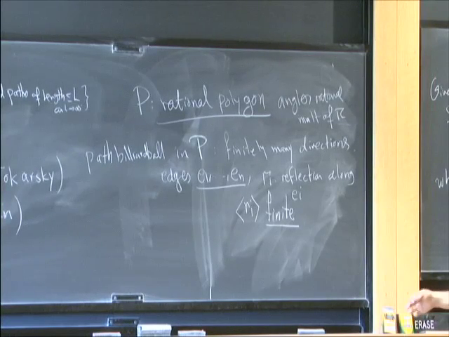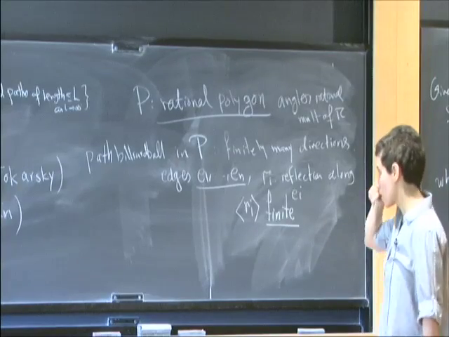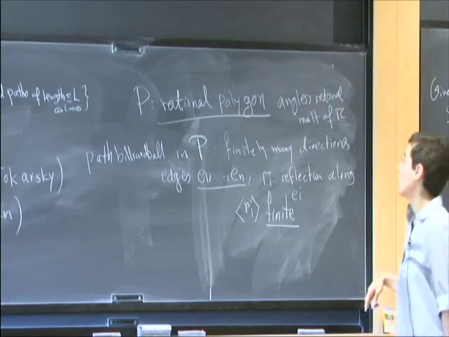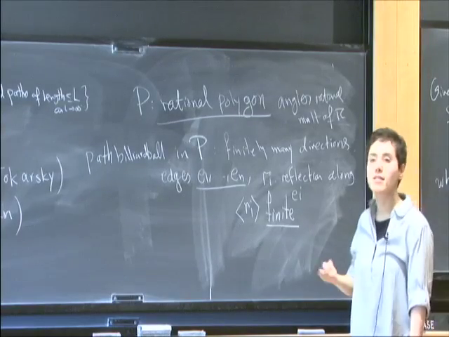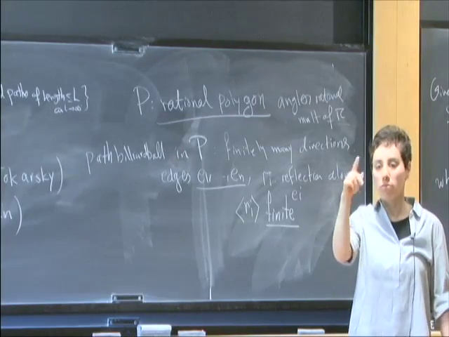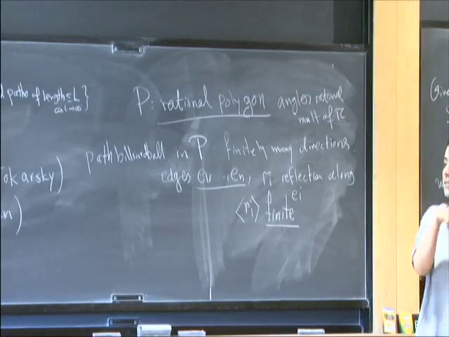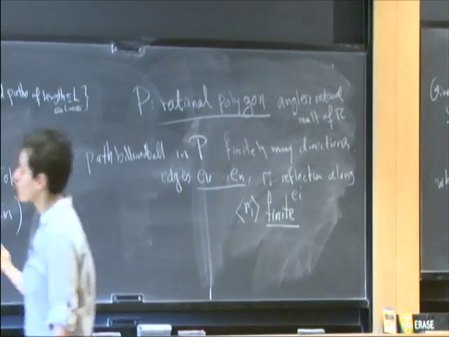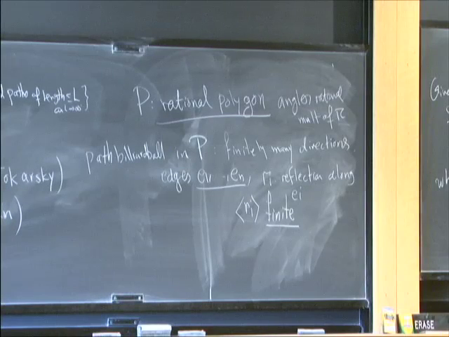There's not much you can say. But if you have a rational polygon, then the set of all the directions would be just a finite set. So even though you are continuing along, you have finitely many angles that you can have. So things are a little bit easier.